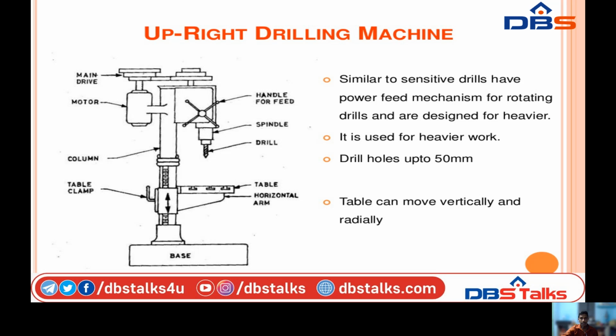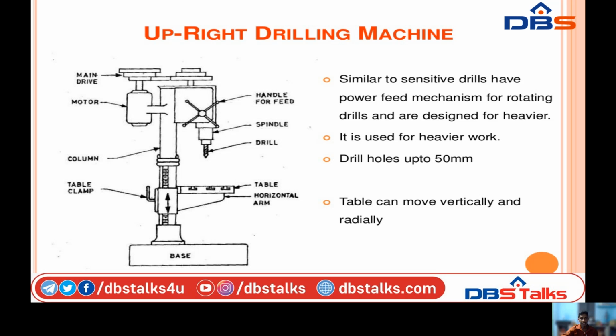Here we are giving the electrical power supply to the motor, and then the motor is connected to the main drive. We are connecting the main drive to the gearbox, that means the main drive to the gear wheels, by using a belt mechanism.